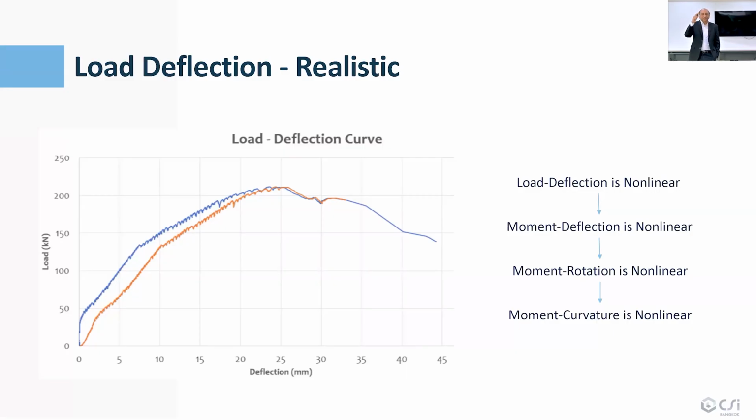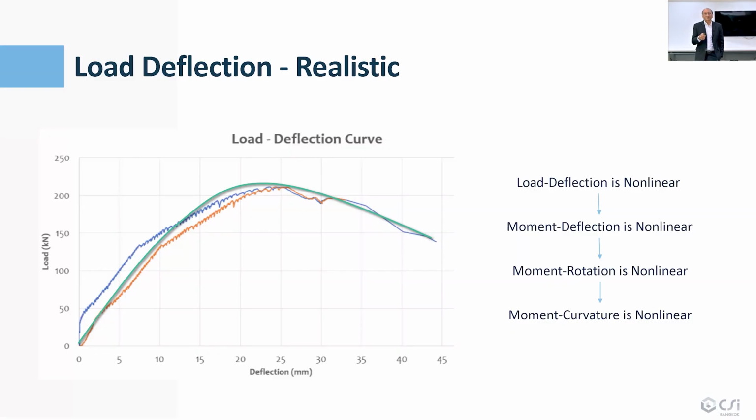That means all the relationships in deformation are nonlinear, so our strength equation, which is based on one unique strain, is not going to help us in any of this. So we need to look at moment curvature as a starting point if we want to go to moment rotation, and from there to moment deflection and then load deflection. The starting point must be moment curvature if we want to use computations and reach the same results.